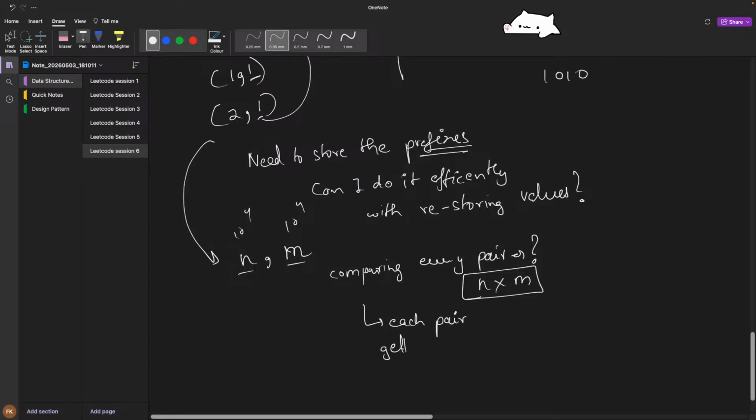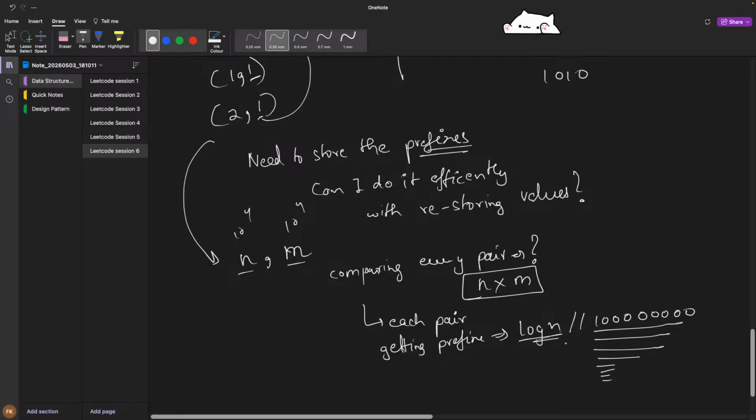And for each pair, getting prefixes is log n basically, because for a number of this size, to get a prefix I have to divide it by 10, then 100, 1000, and so on.